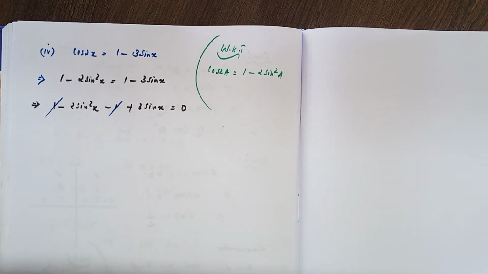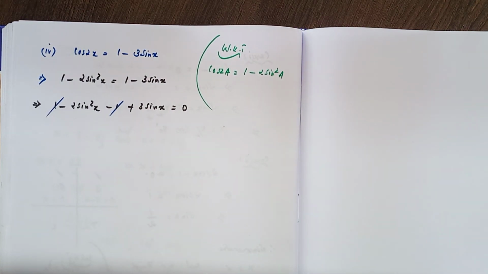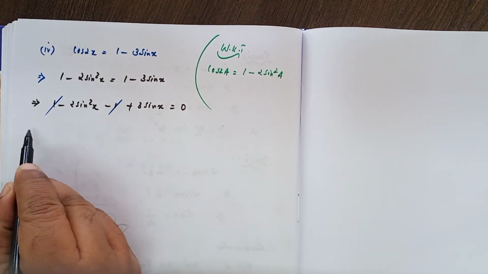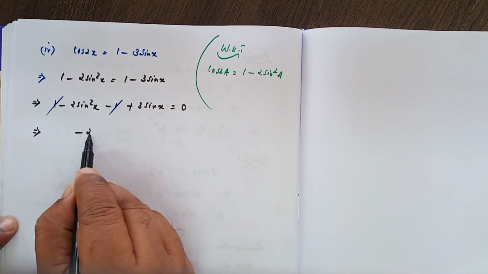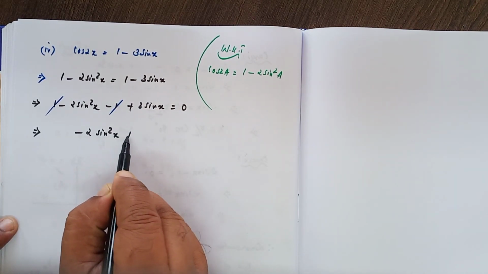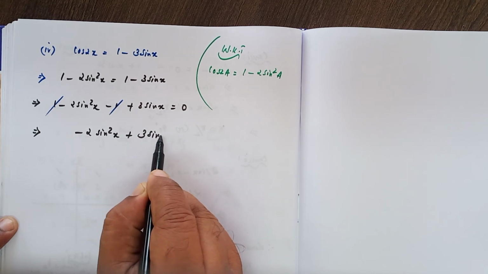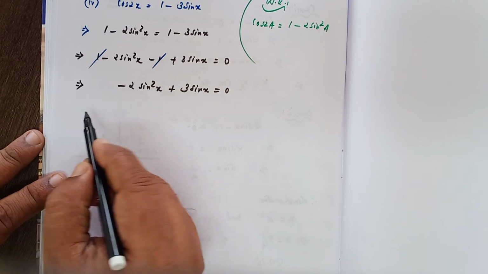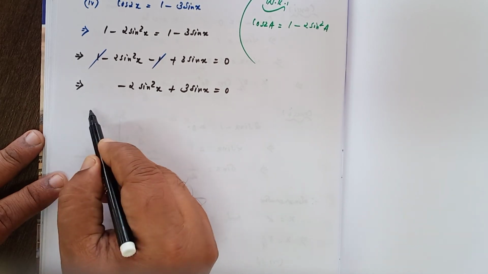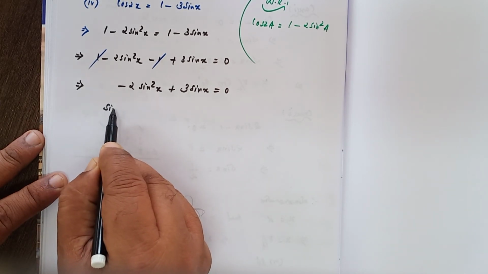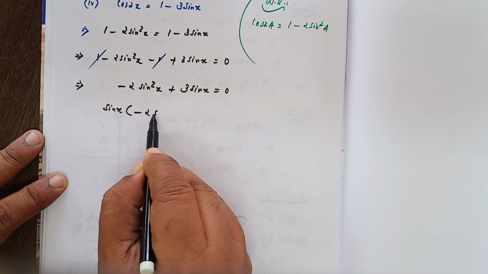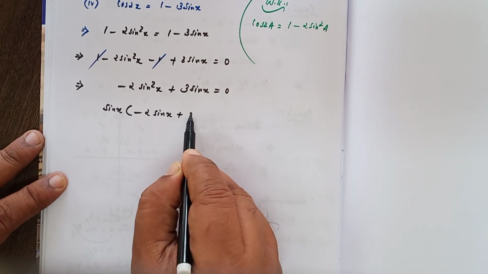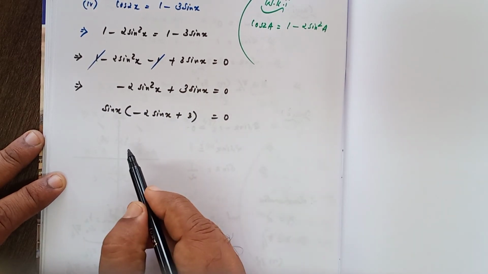So we have minus 2 sine squared x plus 3 sine x equal to 0. Take sine x as common, and you will get sine x times minus 2 sine x plus 3, equal to 0.